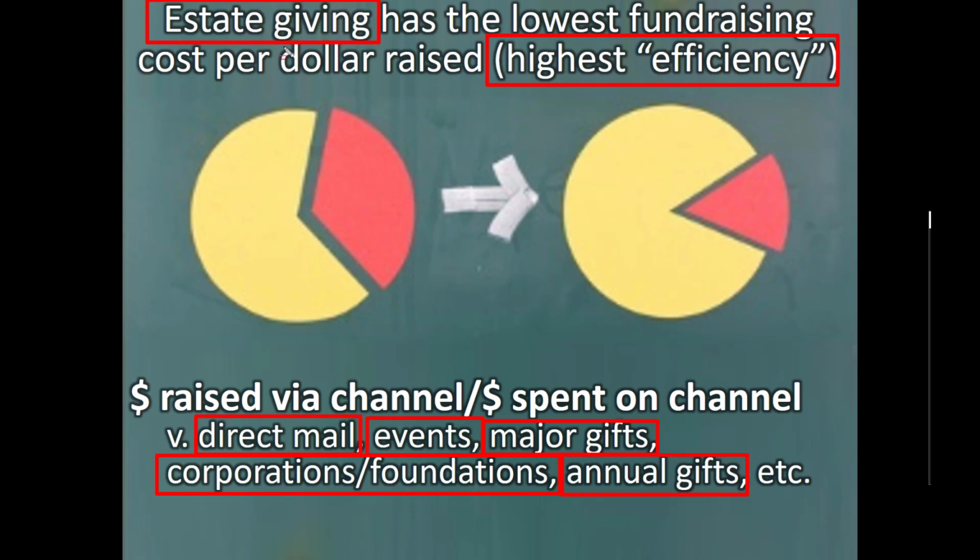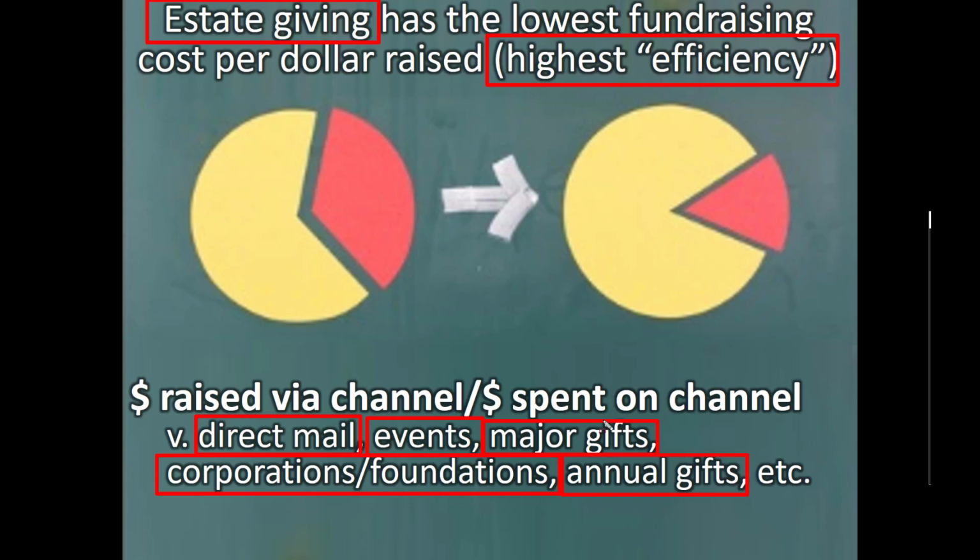That is certainly the case with estate giving as well. You can't start an estate giving program if you don't have a group of donors, right? So these things are all connected. Now, we'll see a bit later that actually estate giving that is encouraging gifts in wills does lead to improvements in subsequent annual gifts.